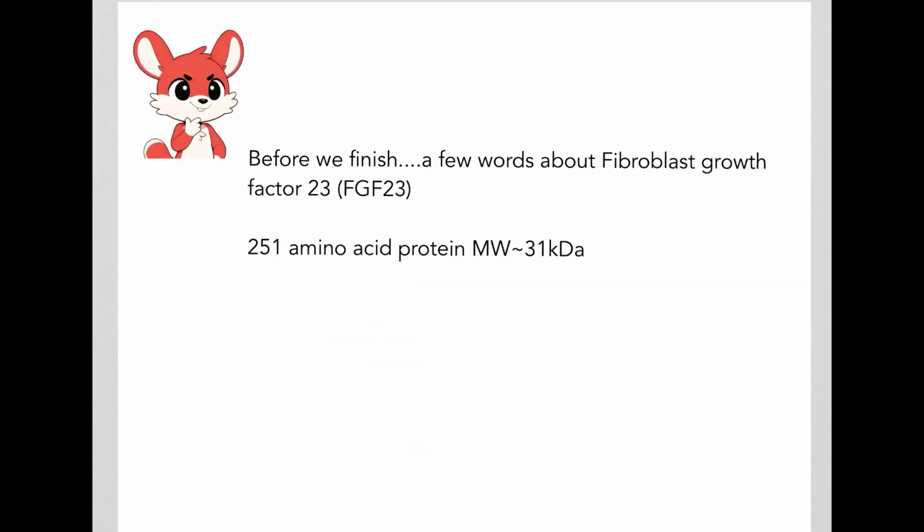Before we finish this video, just a few words about another biomolecule called fibroblast growth factor 23 or FGF23. Now this is a protein, 251 amino acids, so roughly about 31,000 Daltons or 31 kilodaltons.